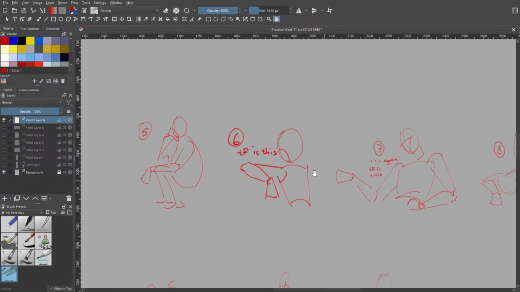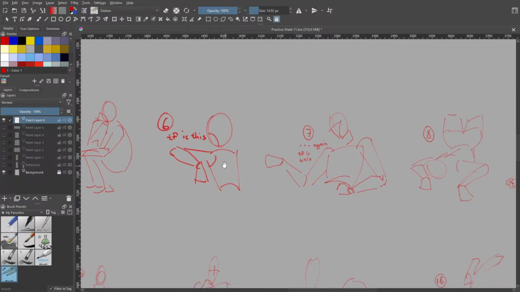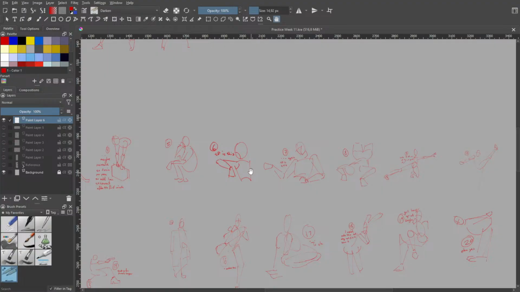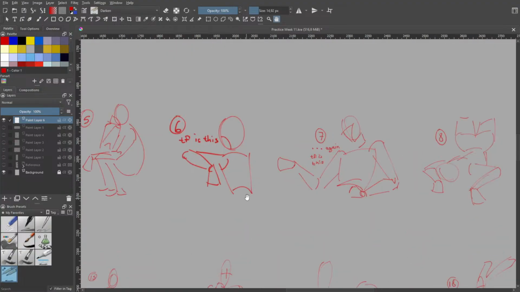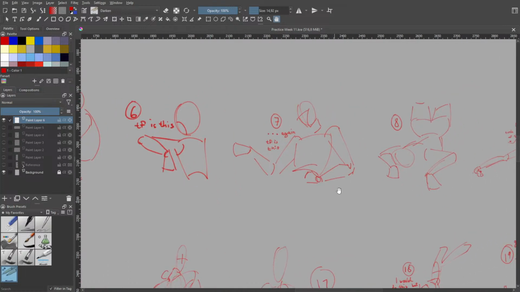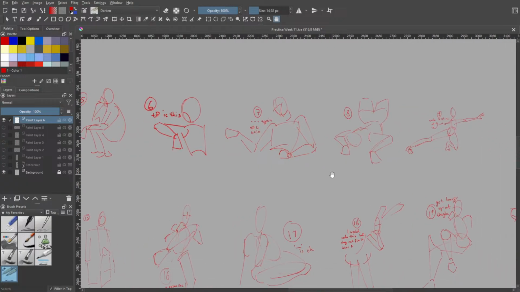But what I want to say is this: reducing the pose and the forms to their bare bone minimum very quickly is essentially just making it convey the movement or the energy in the pose very quickly, like this, for example.